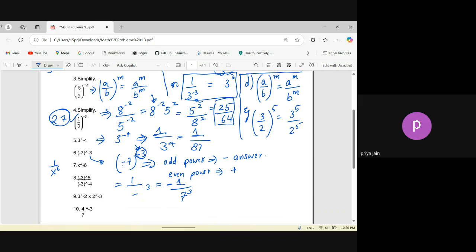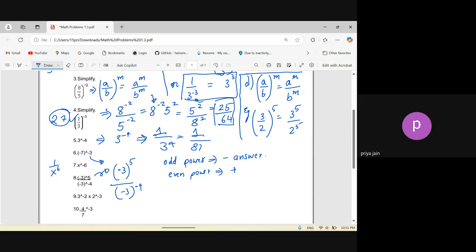So the next one, let me show you how to do that. For the next one, we have negative 3. Over here, you've already gotten the answer. Negative 3 over 5 over negative 3, negative 4.